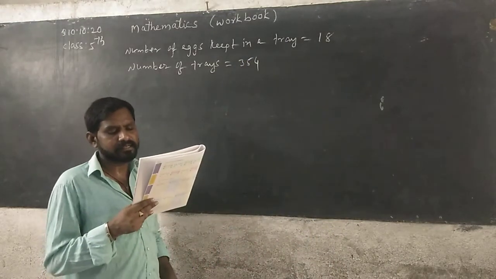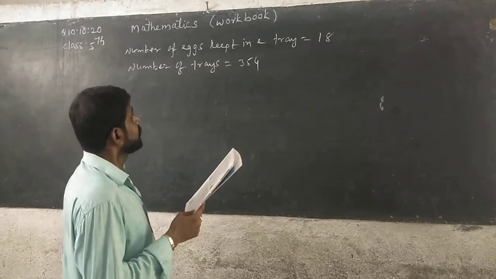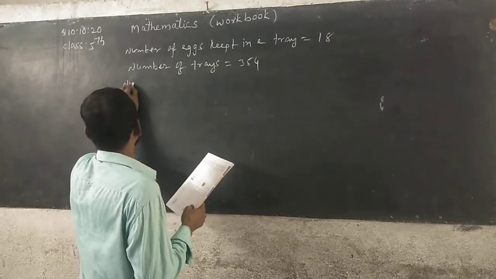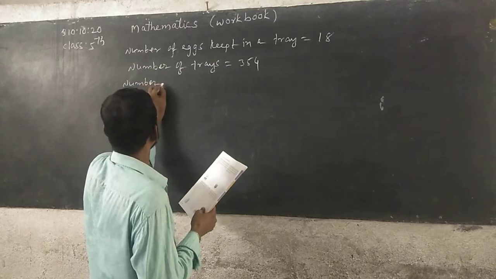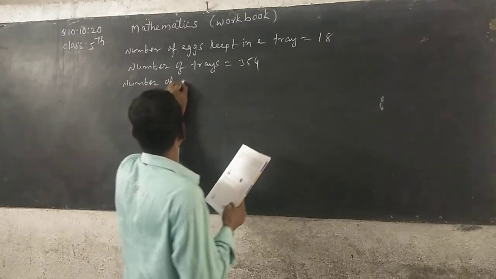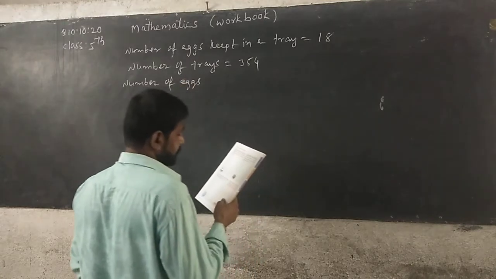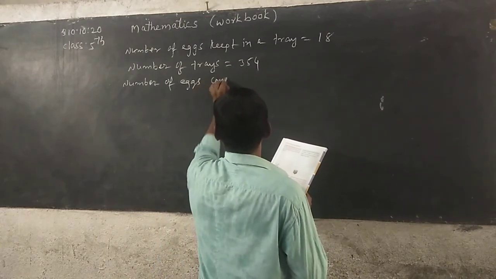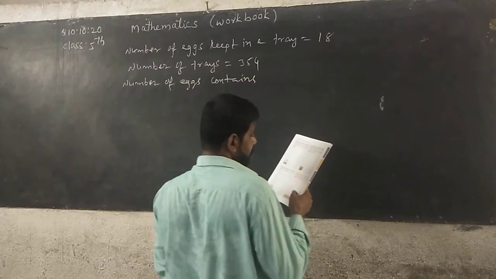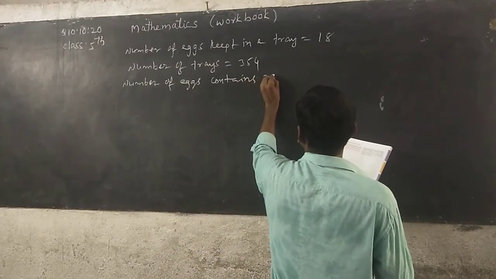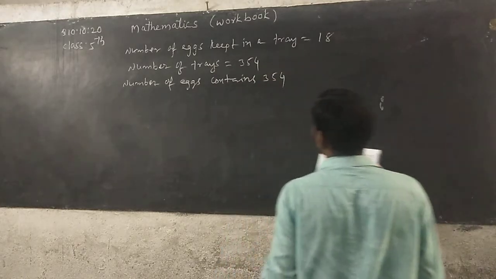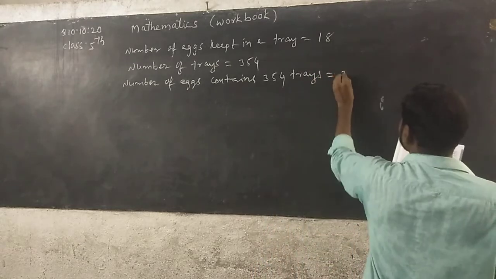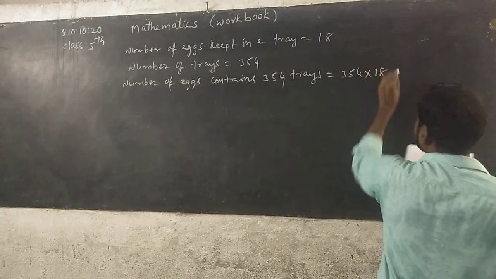So number of eggs contained in 354 trays, that is equal to 354 into 18.